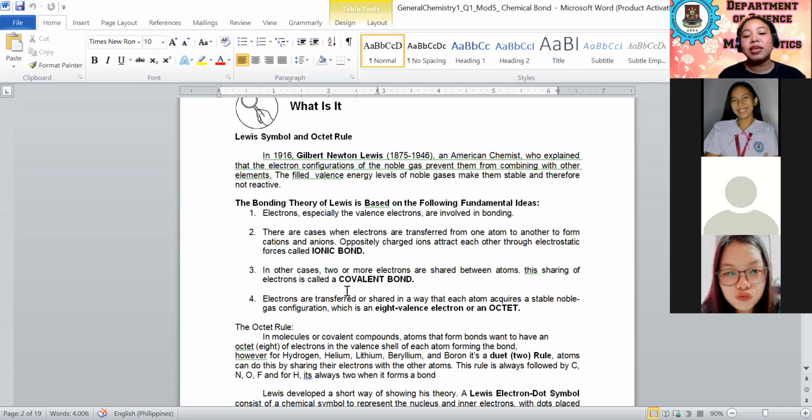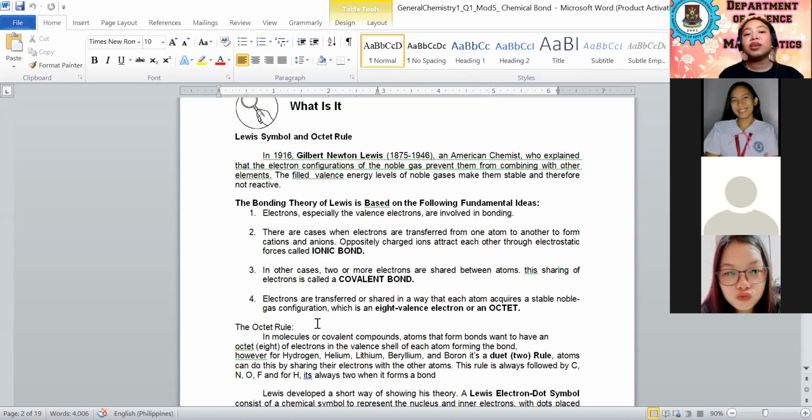In some other cases, atoms cannot transfer their electrons, but still they are not stable. So they share their electrons para mas stable sila. This is what we call the covalent bond. Later on, we will discuss more of the covalent bond. So electrons are transferred or shared in a way that each atom acquires a stable noble gas configuration.